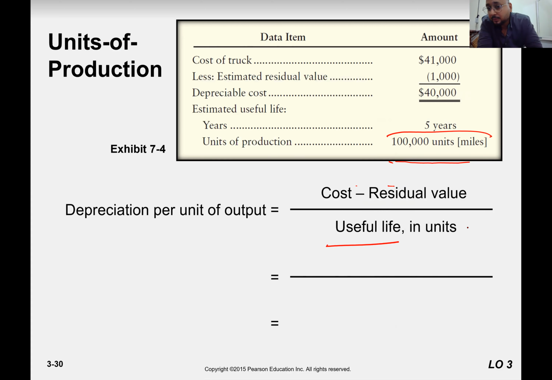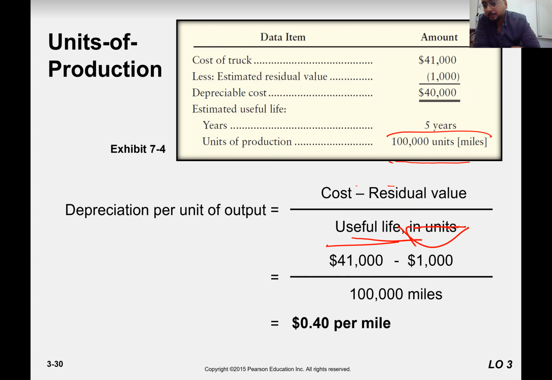Life in terms of units. In straight line method, life in terms of years. In unit of production method, life in terms of units. Simple. So 41,000 minus 1,000 divided by 100,000 is 0.4 per mile. So per mile depreciation is 0.40.